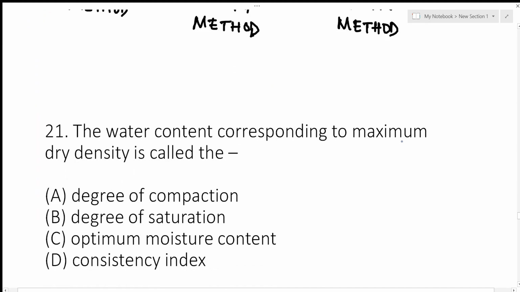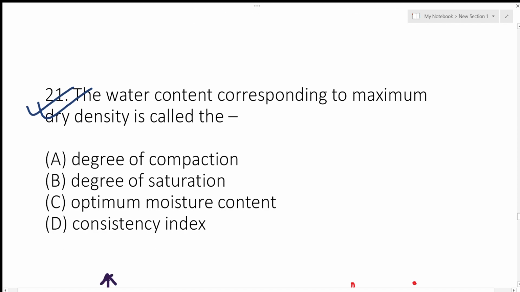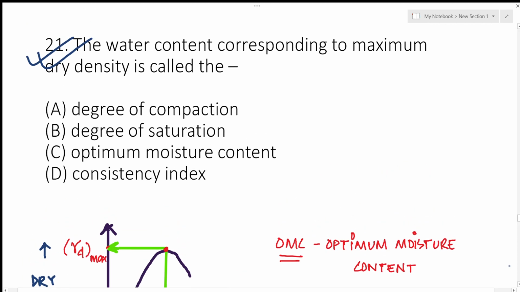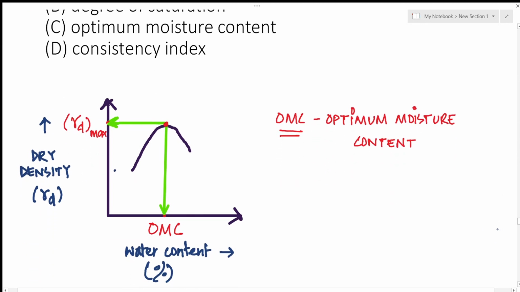Now, the water content corresponding to maximum dry density is called. Now, if you see the curve, it is from compaction. If you see the curve, the gamma d max, the point at which the question is the water content corresponding to maximum dry density is called. Now the point at which gamma d is maximum is known as the optimum moisture content.